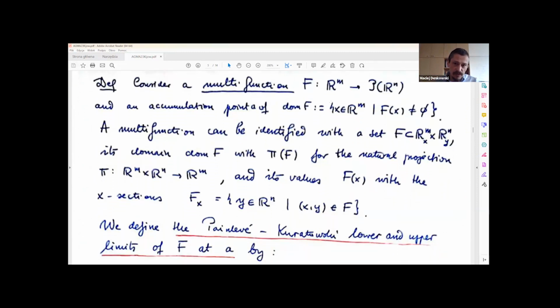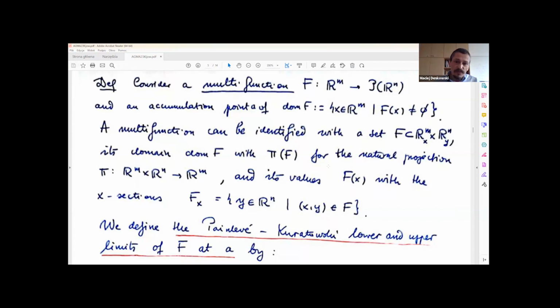Consider a multifunction again. A multifunction, so a function that assigns to a point a set, right, of some fixed space R^n in this case. The domain of a multifunction is the set of points that yield a non-empty set f(x). And of course, we may identify any multifunction with actually a subset of the product of the two spaces, right?